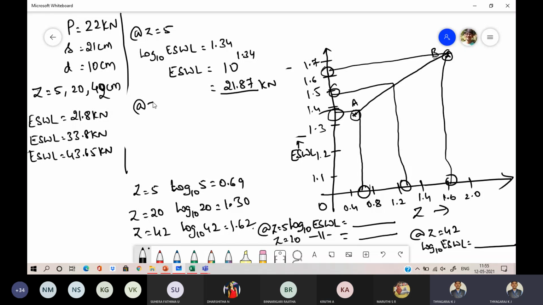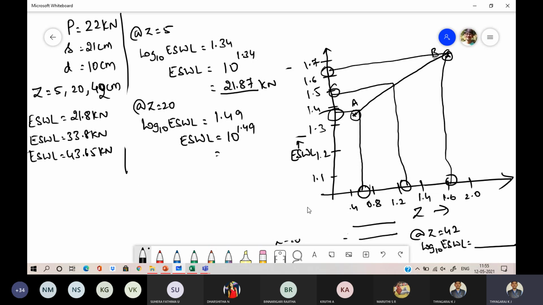Then at Z is equal to 20, 1.49, sir. ESWL is equal to 10 power 1.49. How much are you going to get? 30.9, sir. 30.90 kilonewton.